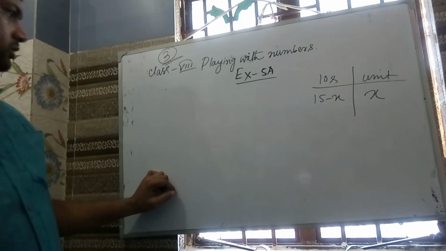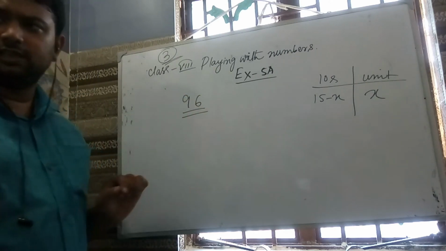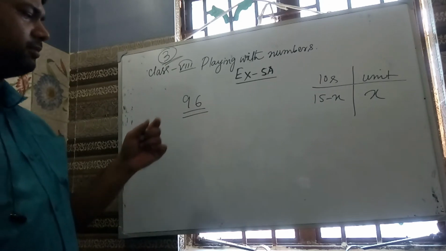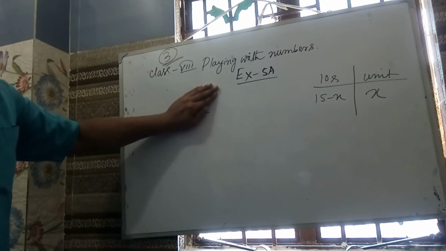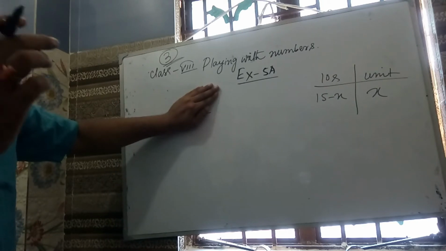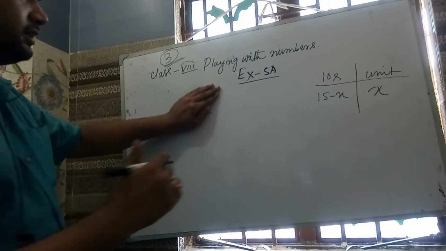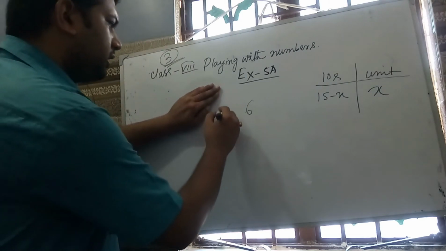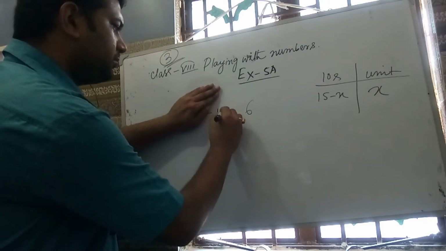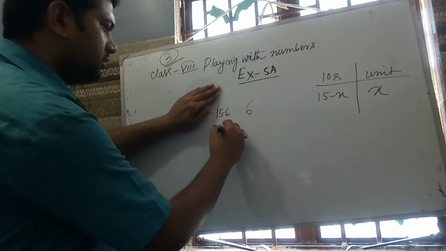Why? Now look, in the number 96, if I tell you in a two digit number, the sum of the digits is 15 and the unit digit is 6, what will be the tens place digit? Obviously 15 minus 6, that is 9.